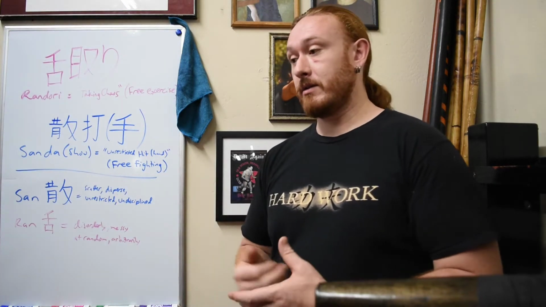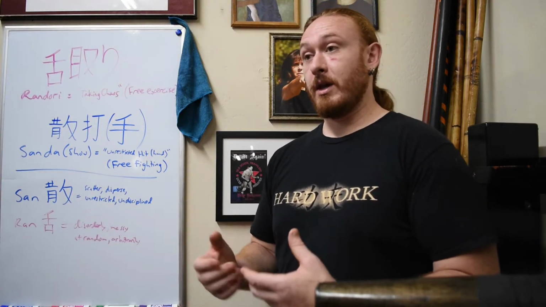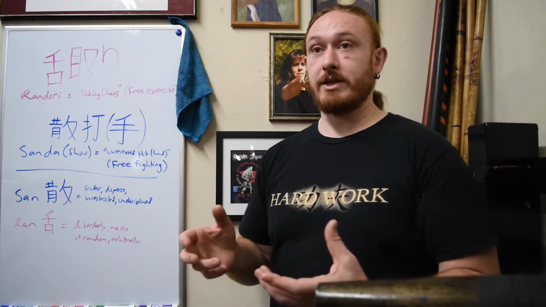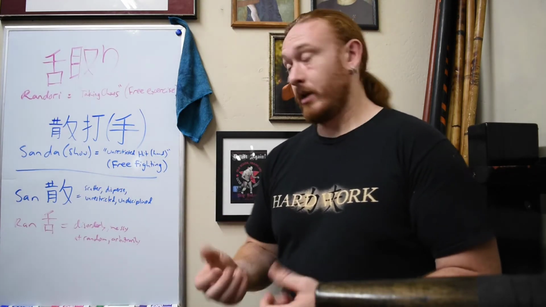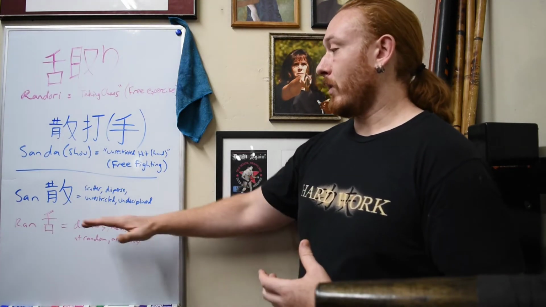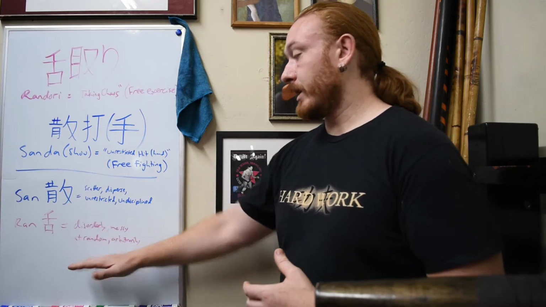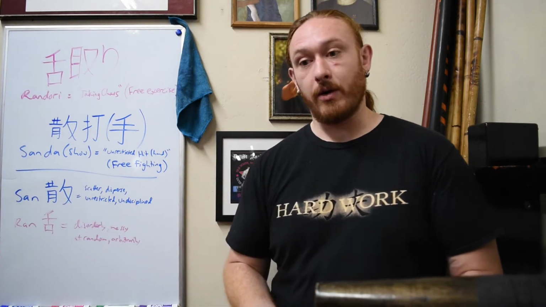Now, the fact is that Sanda, Sanshu, and Randori, depending on what styles are engaged in it and whatnot, all have different formats, and Aikido is wrong. But the fact is that when we look at these, what they really come down to is free exercise. It's essentially free sparring.